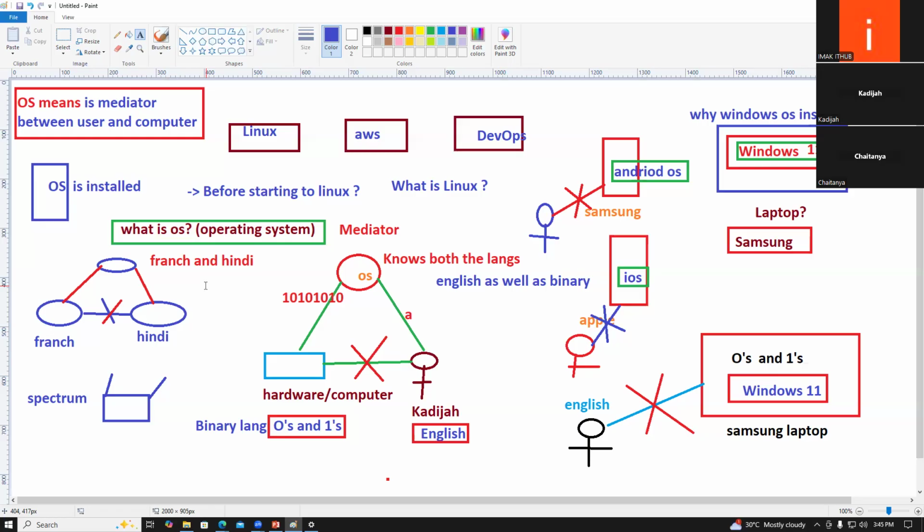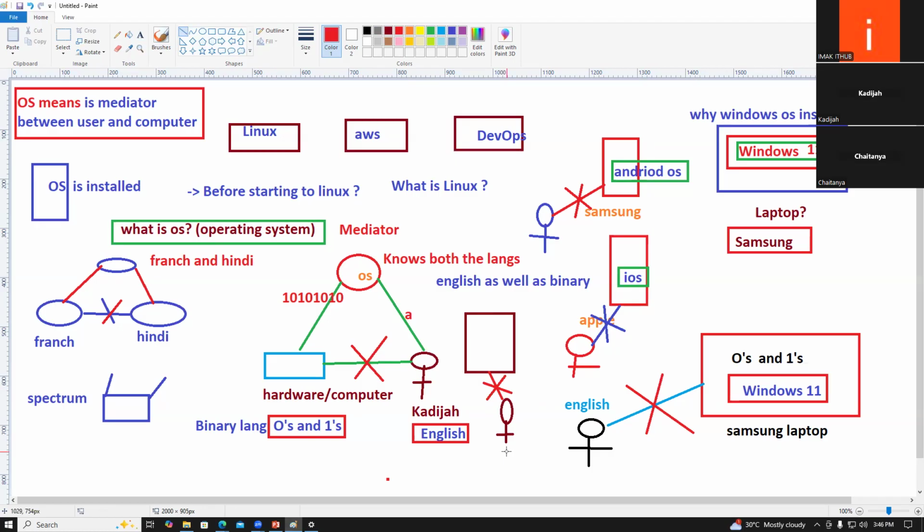Why? Tell me. If this is the Samsung phone, without Android OS, are you able to interact with this hardware? No. Why? Because the hardware's language is binary and I speak English. Now you understood, right?